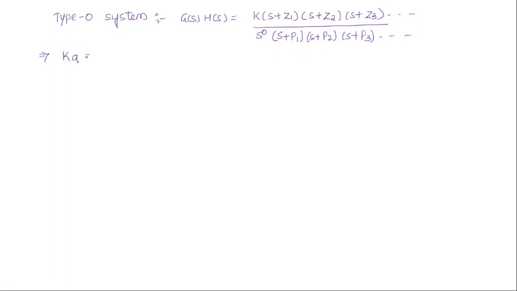Now we are trying to write the Ka value for this. What is Ka? Ka is nothing but the acceleration error constant, that is limit s tends to 0 s square into G of s into H of s.